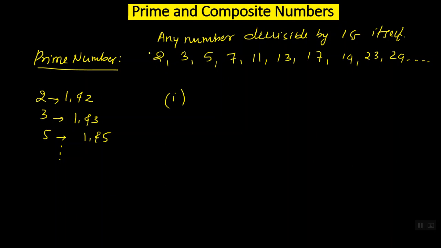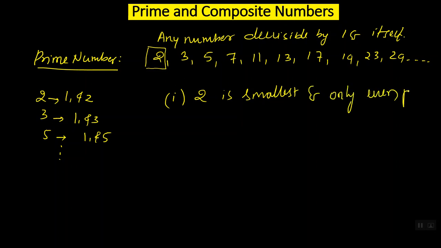What we can see here is that 2 is the smallest prime number and 2 is the only even prime, isn't it? All the numbers after 2 are odd numbers, right?